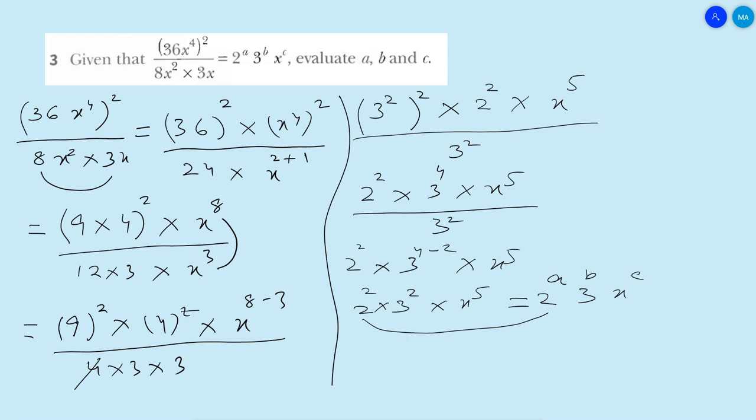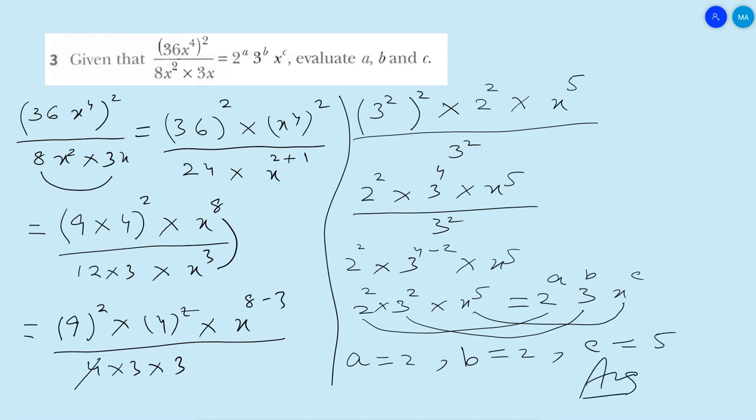So because the bases are the same, the powers will be equal, therefore a is equal to 2. Similarly, this is 3 square and this is 3 to the power b. Bases are the same, therefore b is equal to 2. Similarly, x^5 and x power c, bases are the same, then the value of c is 5. And this is the requirement of the question.